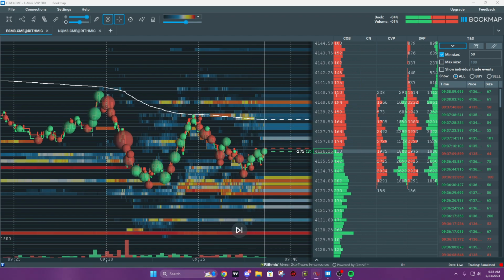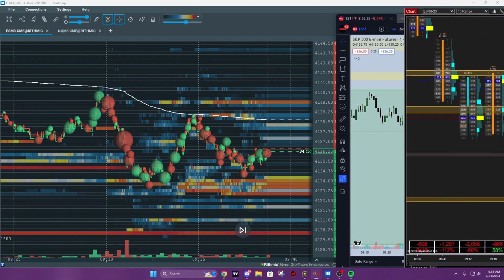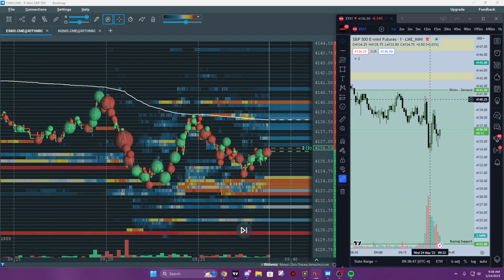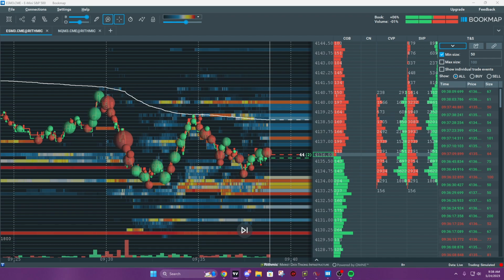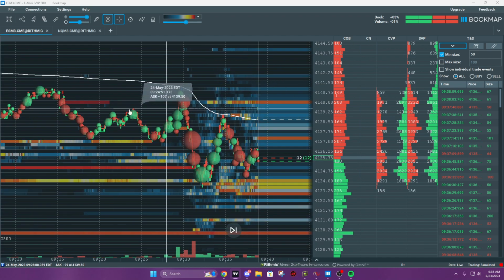So like top of this range, there's quite a bit of resistance. If we take a look, we have a fair value gap up here, which basically lines up with this absorption line. Then we also have, let's see, what else do we have? Decent passive sell orders up here, right?